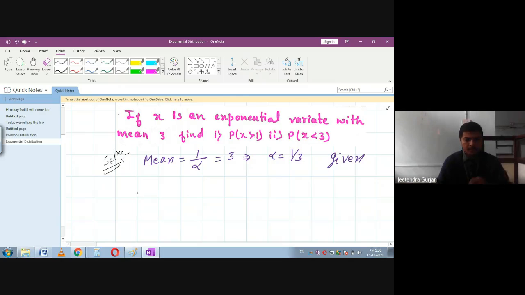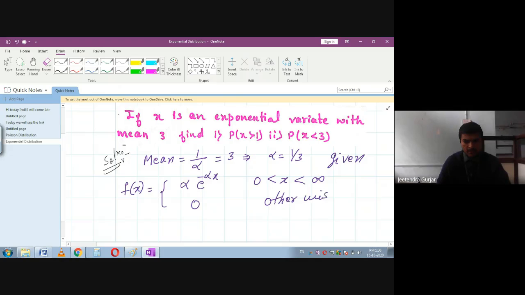So what you have to remember now is the formula for the exponential function. f of x is alpha e raised to minus alpha x, where x is between 0 and infinity, and 0 otherwise.